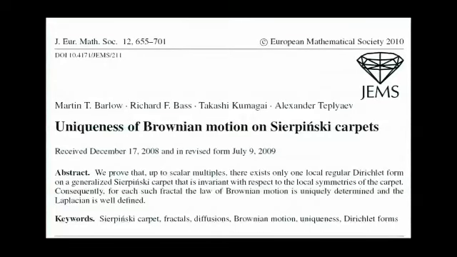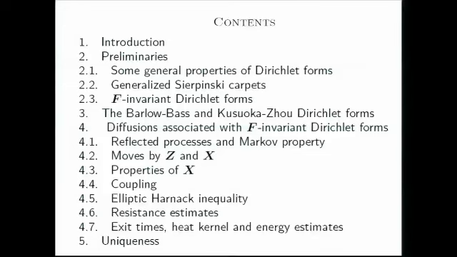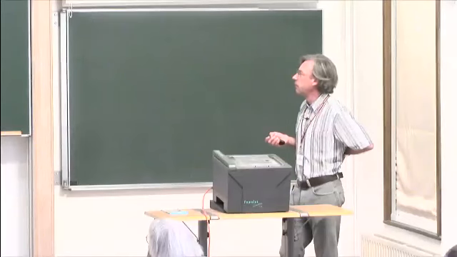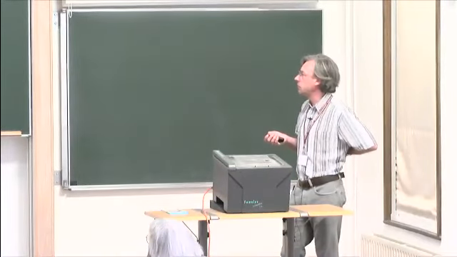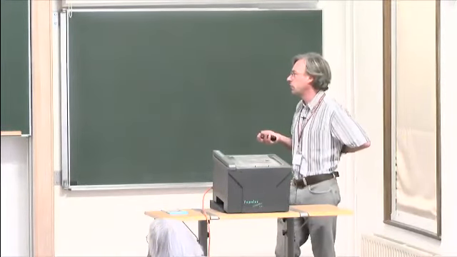So the main part of my talk is a review of this proof of uniqueness. The paper is published this year, and the proof is very long. We tried to make it short, but we could not. So this is the outline of the proof. We start with some general properties of Dirichlet forms, which are a generalization of the usual notion of energy. This object is not random. But then in the middle we had to go to random processes, because there was an important step which at least now can be done only probabilistically.